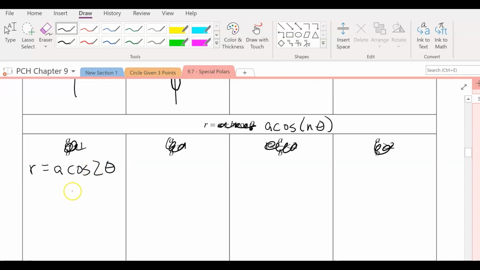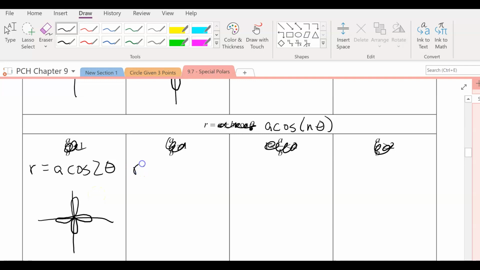So n is 2, so we're going to have 4 petals. And for this one, the 4 petals are going to look like this. Alright, again, they should all be evenly spaced and the same size. Each petal should be the same size. And you can see how these are rotated about pi over 4 from the other one.